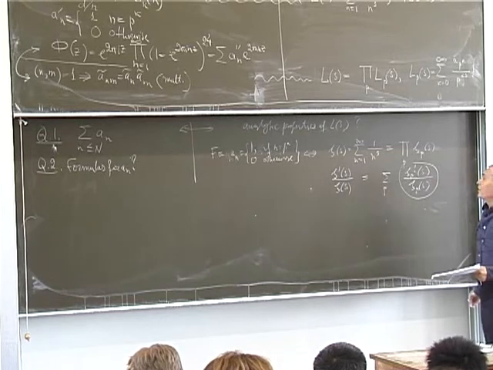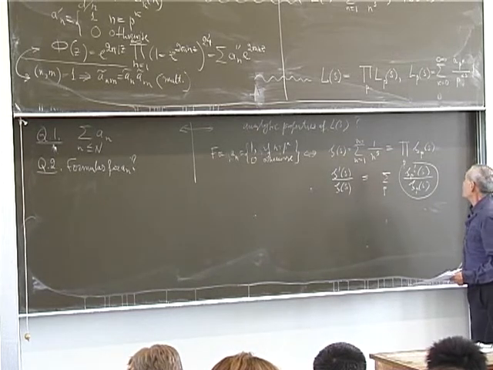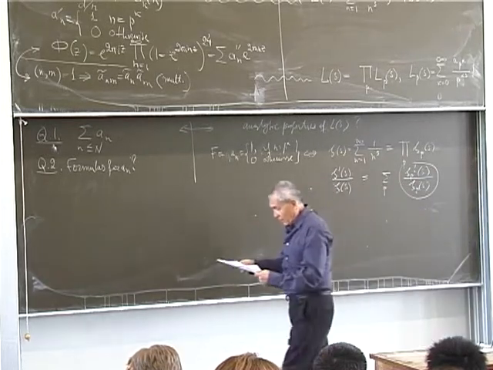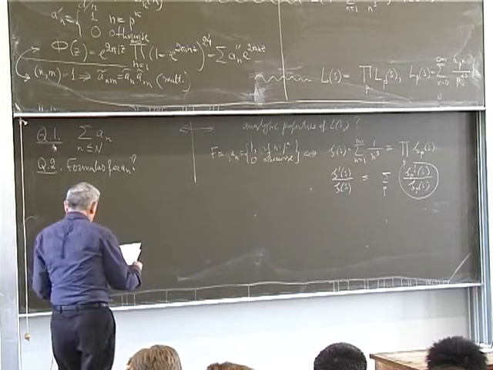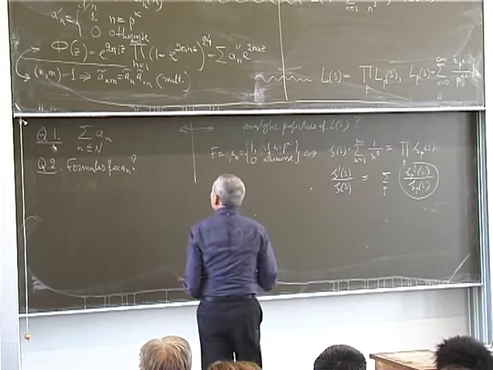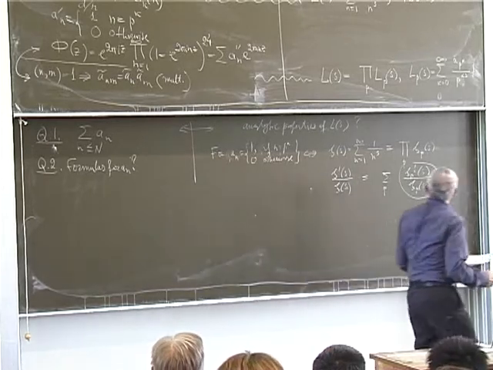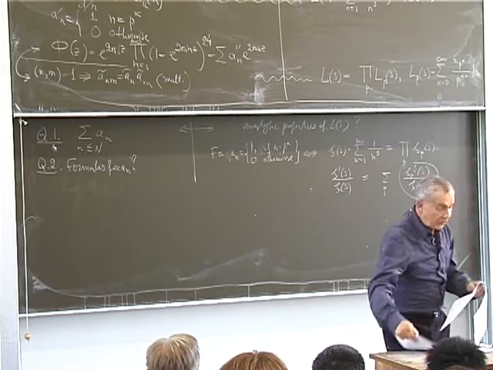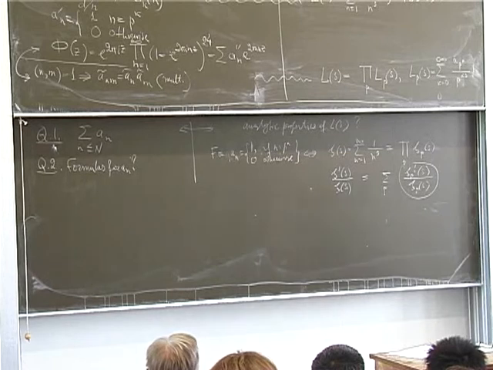And then using contour integration and things like that, we can produce the asymptotic law of primes. Okay, so now the question arises, how do we approach the problem of analytic properties of such Dirichlet series? We do it via the Mellin transform.